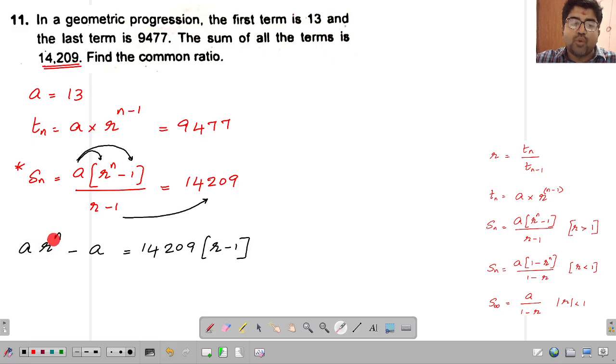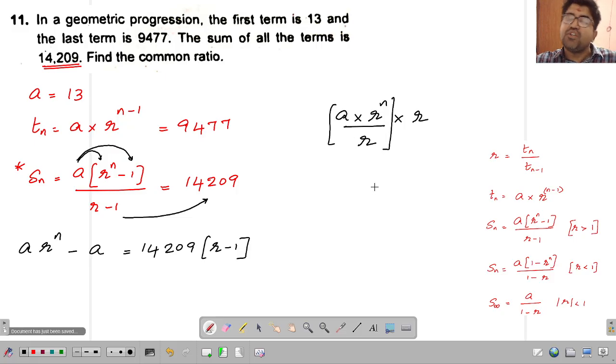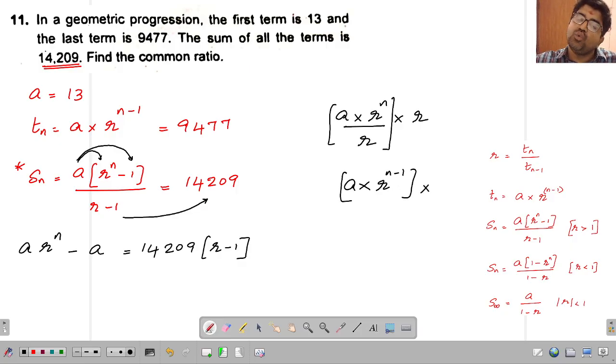Can you not see that a into r raised to n, if I multiply this with r and divide this with r, it's not going to affect my value, right? But definitely this expression will now become a into r raised to n minus 1 into r, like that I can write.